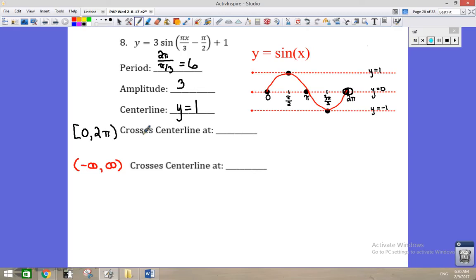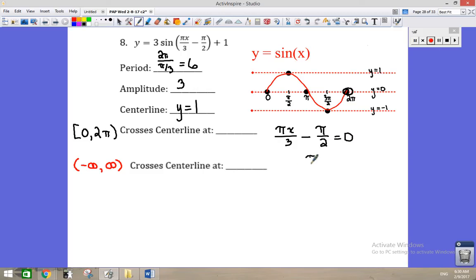So let's first look and see where it crosses between 0 and 2 pi, and then we'll generalize it. So we know that the sine, if the input to the sine is 0, it'll be at the center line. So we take this expression, no matter if it's simple or complicated, and we set it equal to 0 and solve for x, because if you plug in this value of x, then it'll cause this expression to equal 0.